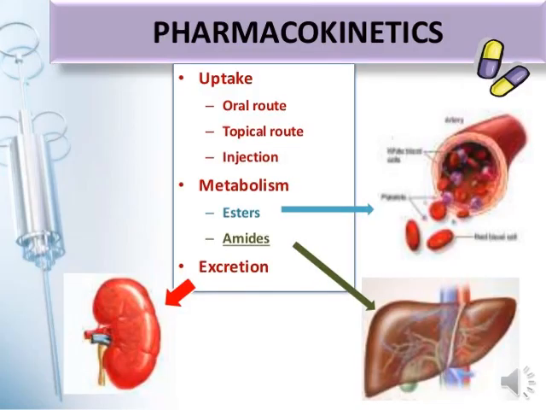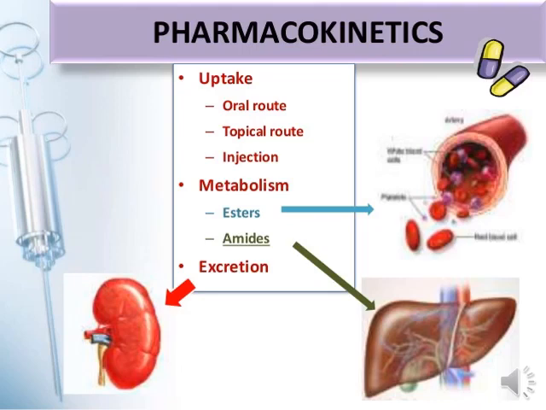In this slide, we have a diagrammatic representation of the pharmacokinetics of the local anesthetics, which is described under the heading of uptake, that is the route of drug administration, the metabolism of the esters and amides, and then the excretion. You can see here that the uptake or the route of administration can be oral route, topical route, and injection form.